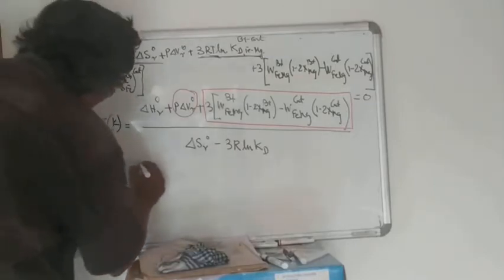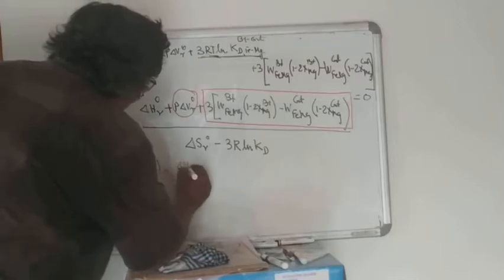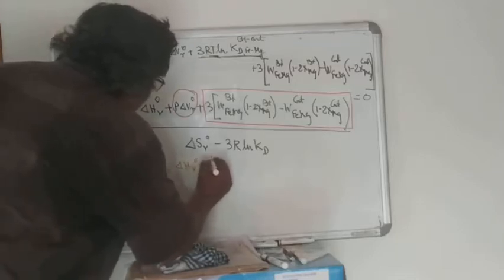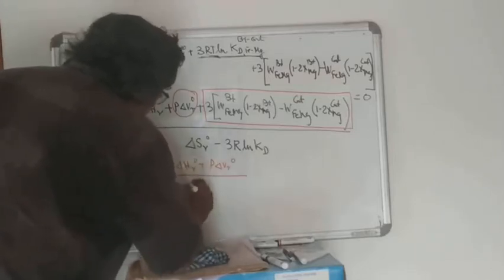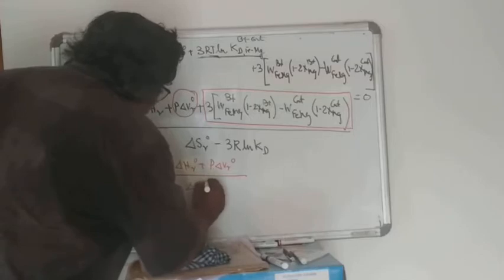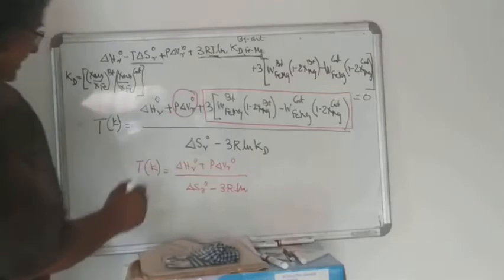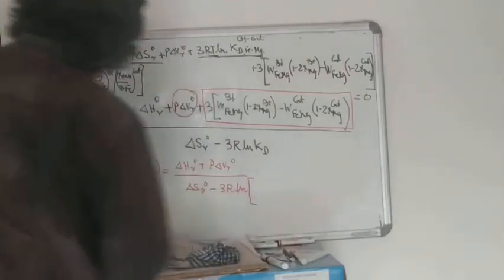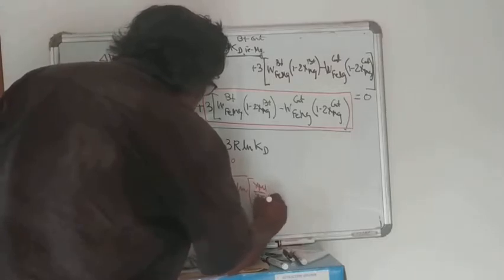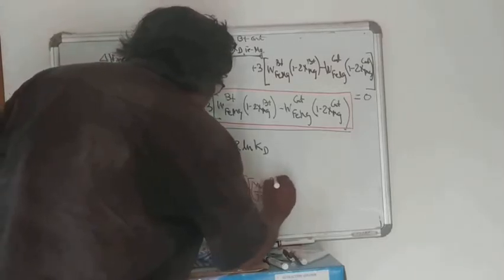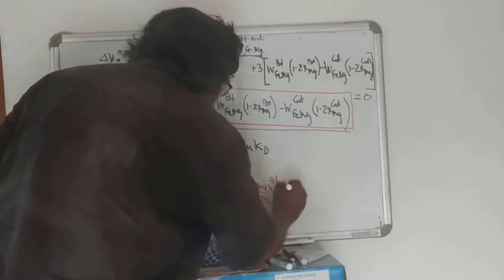So we would have Pk is equal to del HR0 plus P del VR0 divided by del SR0 minus 3R ln, and if we place back XFE by XMG, then it should be XMG by XFE in biotite divided by XMG by XFE in garnet.